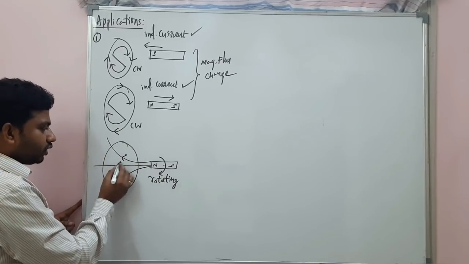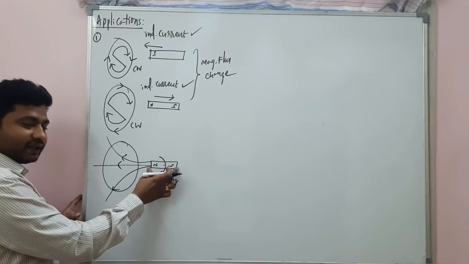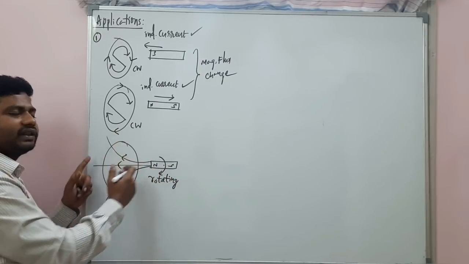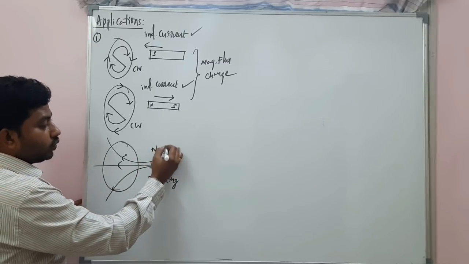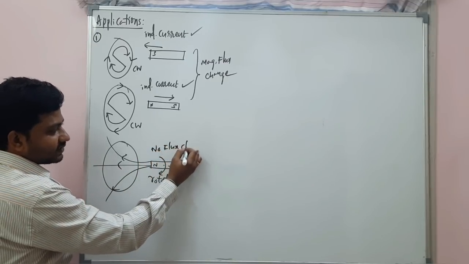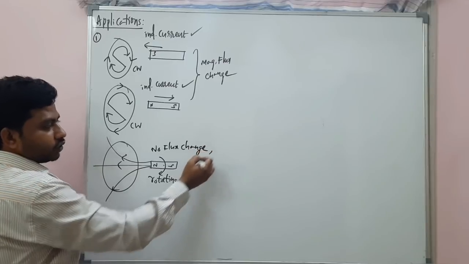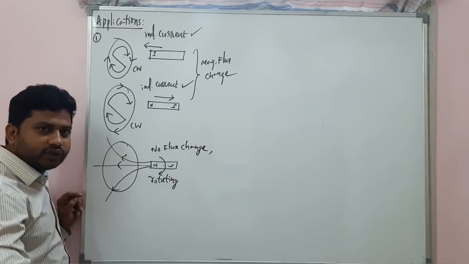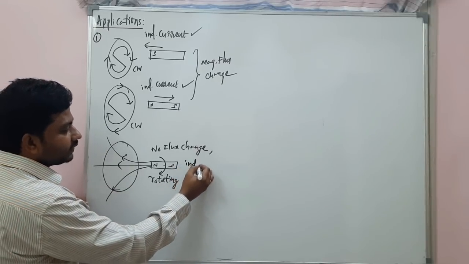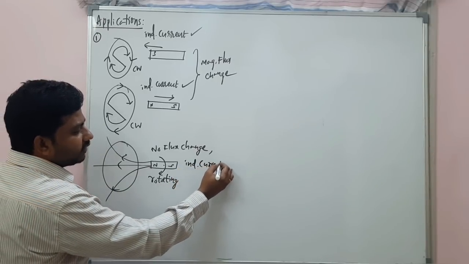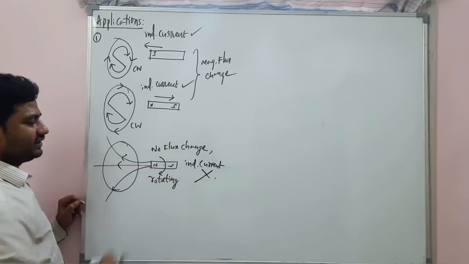Whether you rotate the magnet or not, keeping it here, some constant magnetic field lines will pass through it. So there is no magnetic flux change. Due to that, no EMI, no induced current, no EMF. So I can say the induced current will not be produced in this case.